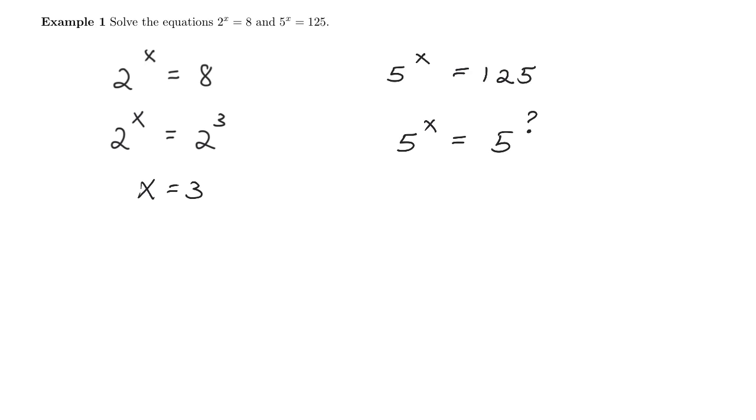Hopefully it should work out to be something that you could actually guess, but actually it's going to be 3 again. 5 times 5 times 5 is 25 times 5, which would then give you 125. So 5 to the x is equal to 5 to the power of 3. And so once you're here, the bases are the same, so you can simply just take the exponent on the left, the exponent on the right to get your answer. So for both of these equations, the answer was 3, but the strategy is to get the bases the same on the left and the right.